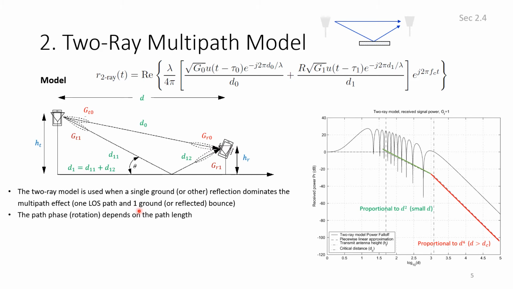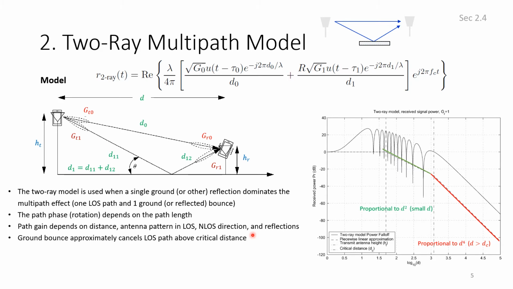All right, so the path phase rotation here will depend, of course, on the bandwidth, just like we had before. And the path gain also depends on the distance, antenna pattern, whether we are line of sight, and the reflection. So we're just taking one step further. The ground bounce approximately cancels line of sight at some critical distances.